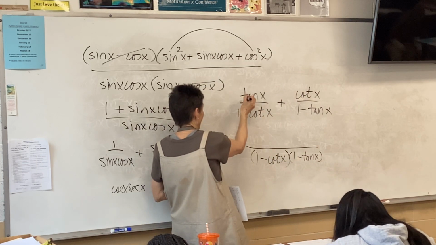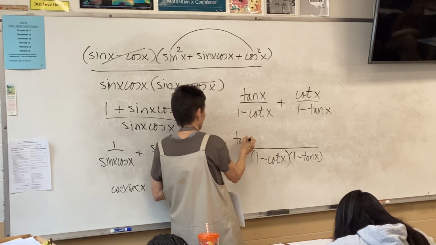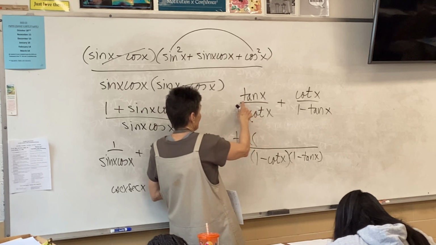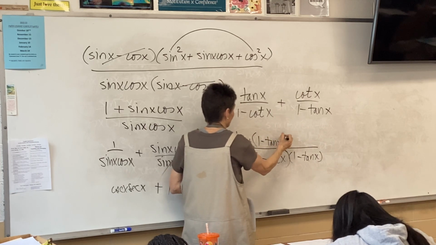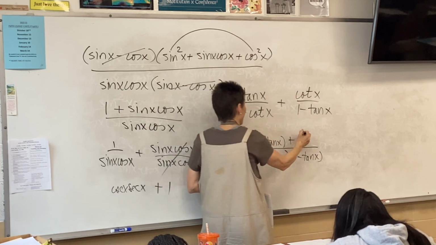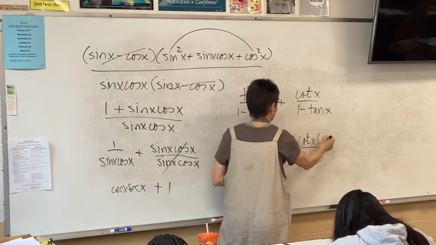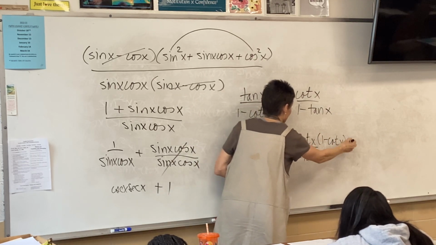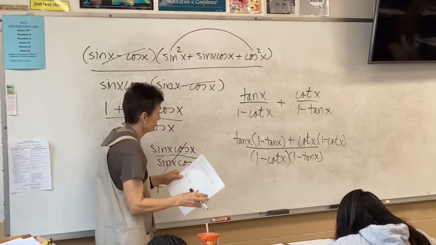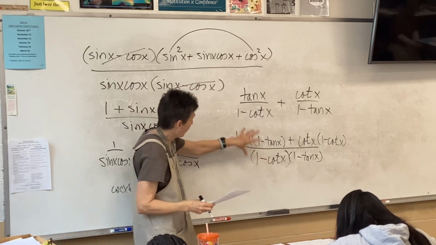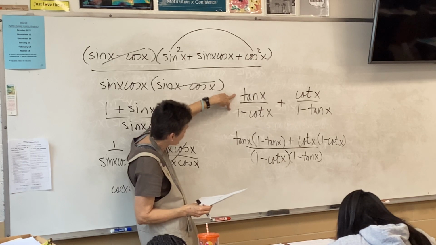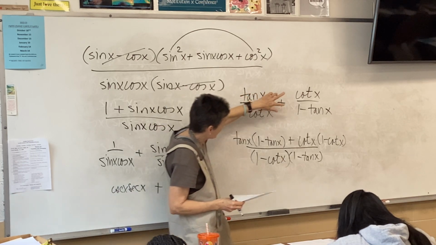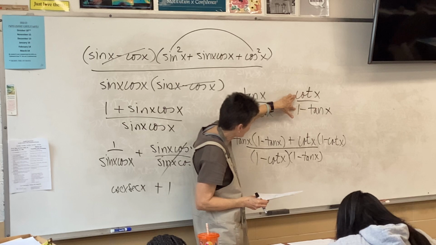So this guy, hey, pay attention guys, you're going to have to do one of these. This guy has to be multiplied by 1 minus, and that guy has to be multiplied by 1 minus. I kind of did it all at once, but I got a common denominator, so I multiplied this one by 1 minus tangent, and I multiplied this one by 1 minus cotangent.